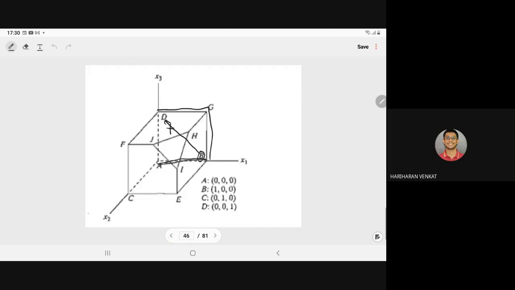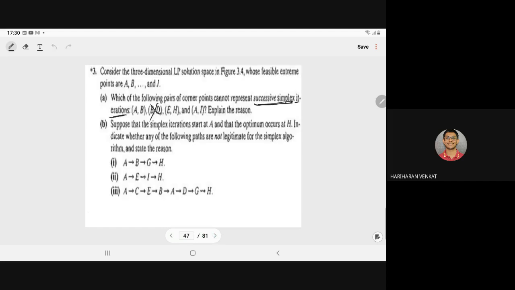For EH, you have to go through this, then this, so directly you cannot go. Then AI: this is A, this is I, and directly you cannot come. So they are not valid simplex iterations.